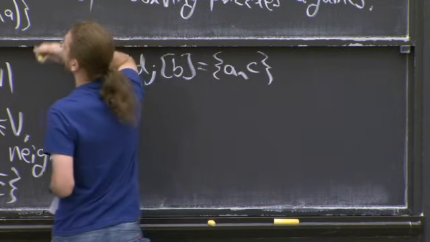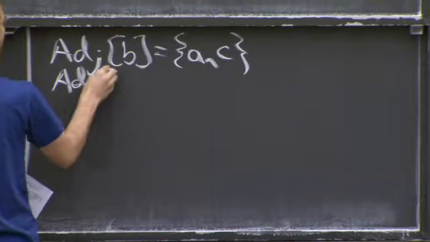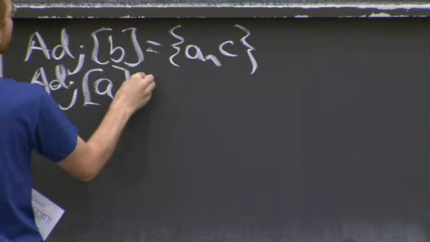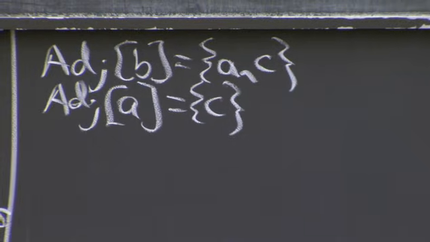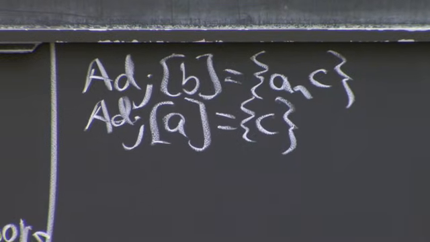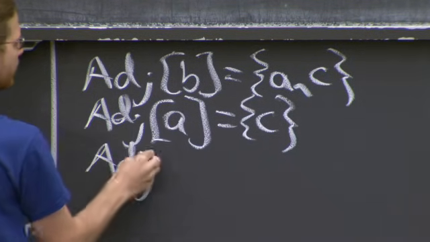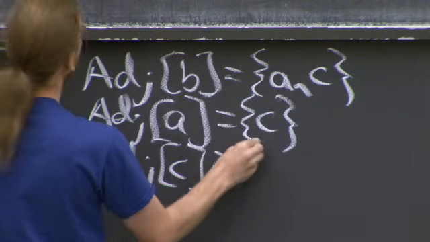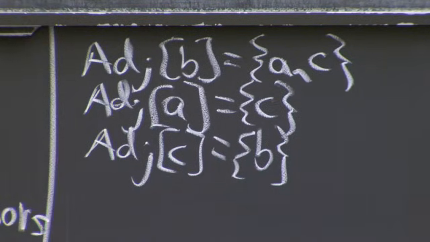In that graph, I should have labeled the vertices something different. ADJ of a is going to be just c, because you can't get with one step from a to b. The edge is in the wrong direction. And ADJ of c is b. OK, I think that definition is pretty clear.